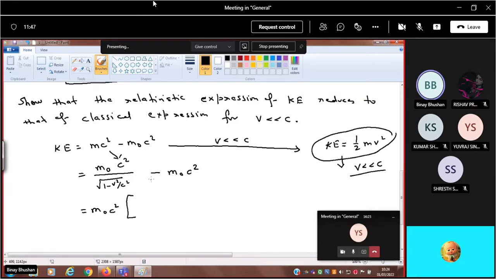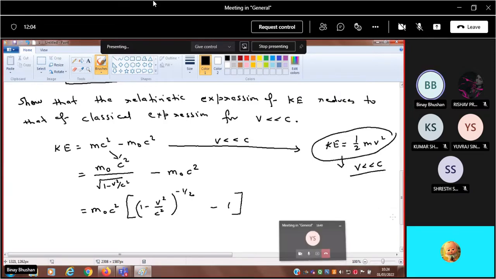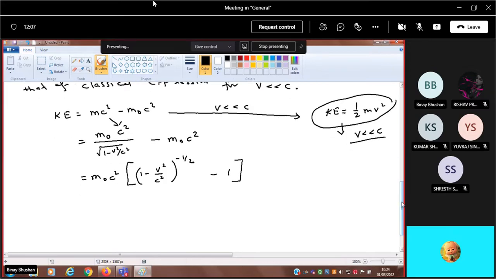I have taken m naught c square common. So this quantity is 1 minus v square by c square to the power minus 1 by 2, and this becomes minus 1. Is this step clear? Yes, sir.